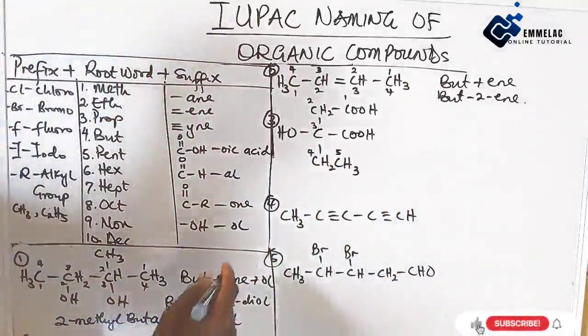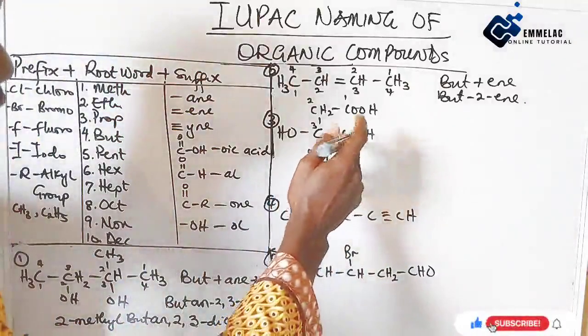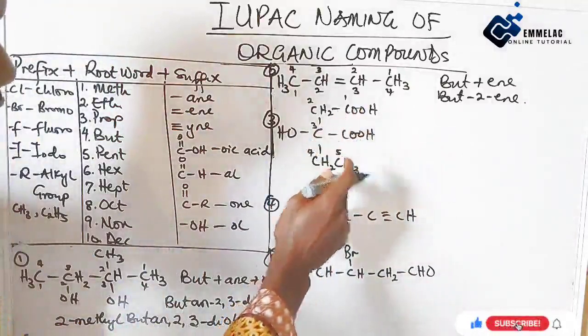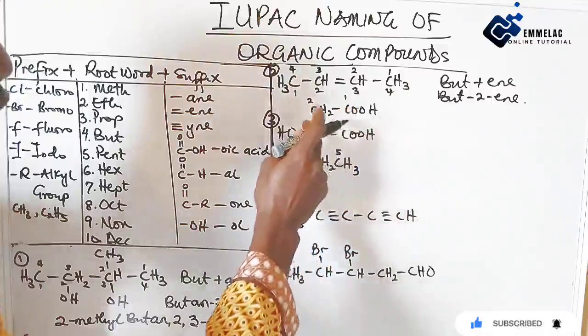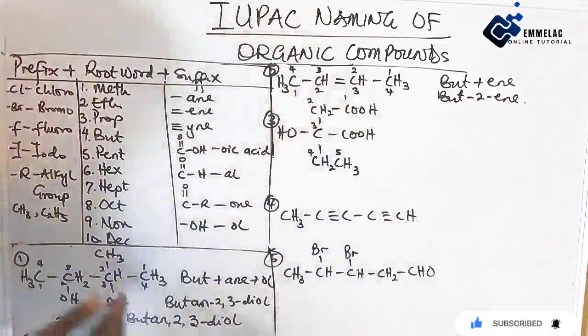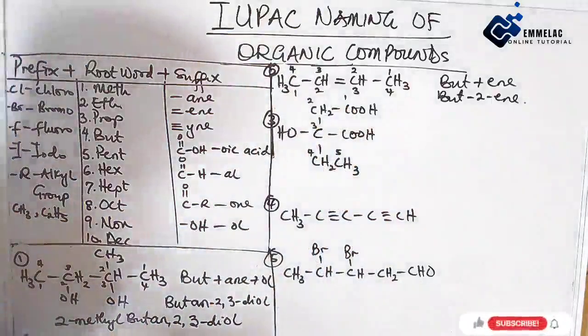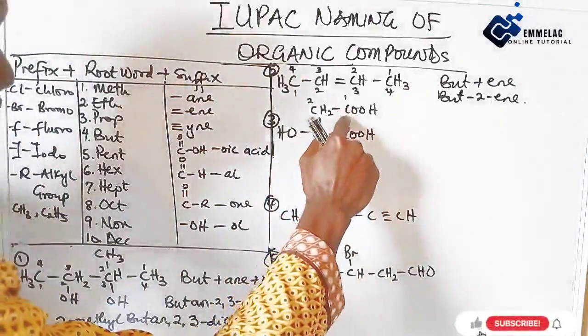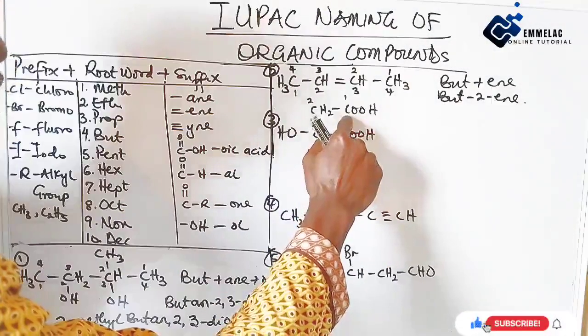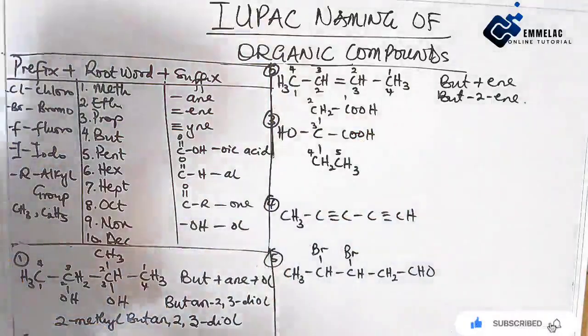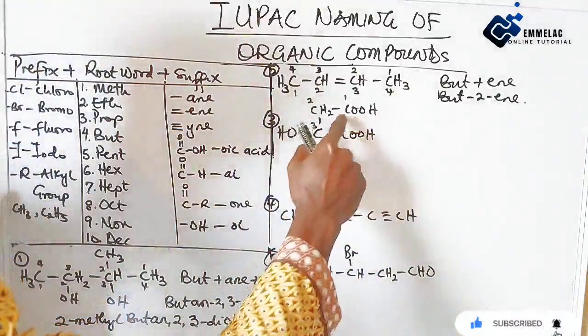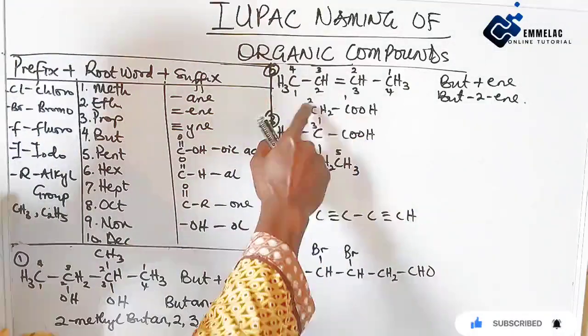And if we start here, 1, 2, 3, 4. And if we start here, 1, 2, and 3. So the longest possible carbon chain starts from this functional group. From this, we can now say this is 1, 2, and 3.